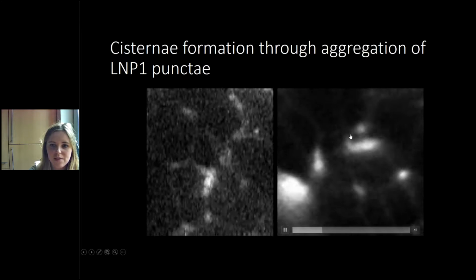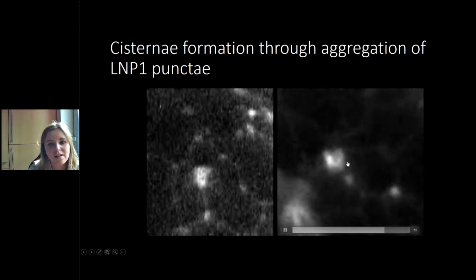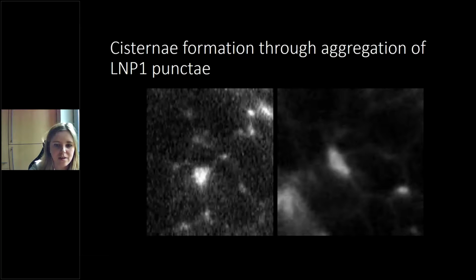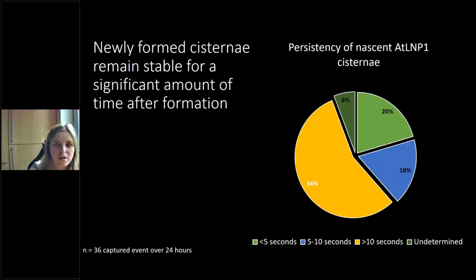The same over here, where these aggregates all cluster together to make a single cisterna that then remains whole for an extended period. Over about 24 hours of imaging, we only captured 36 events, but of those, we found that the majority of the formed cisternae remained stable. They remained together for a period of greater than 10 seconds.